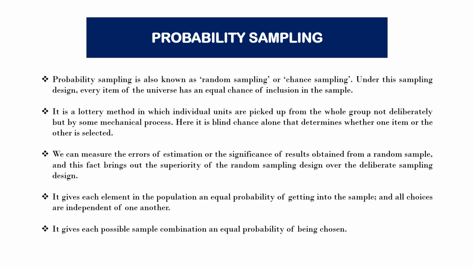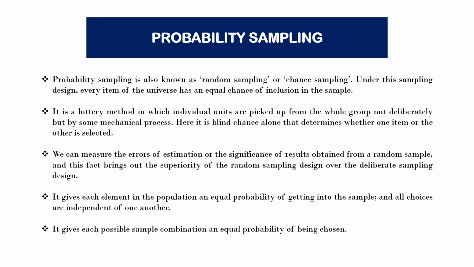Random sampling from a finite population refers to that method of sample selection which gives each possible sample combination an equal probability of getting picked, and so any element has an equal probability of getting into the sample.